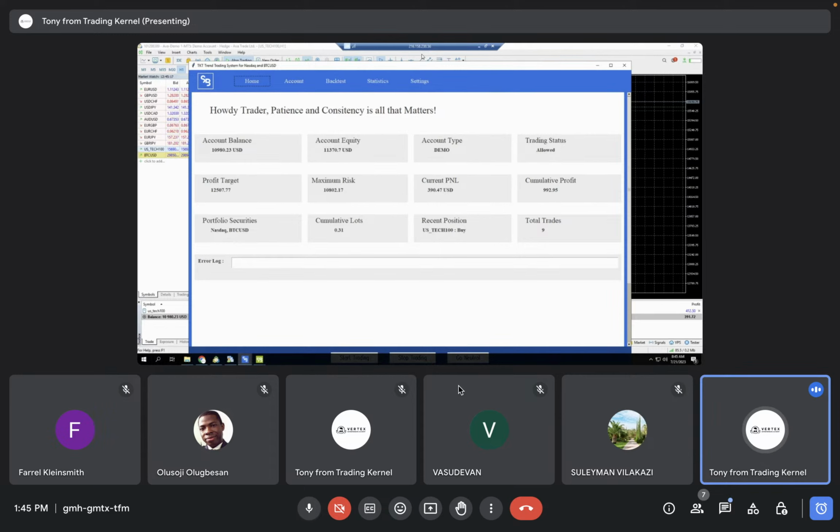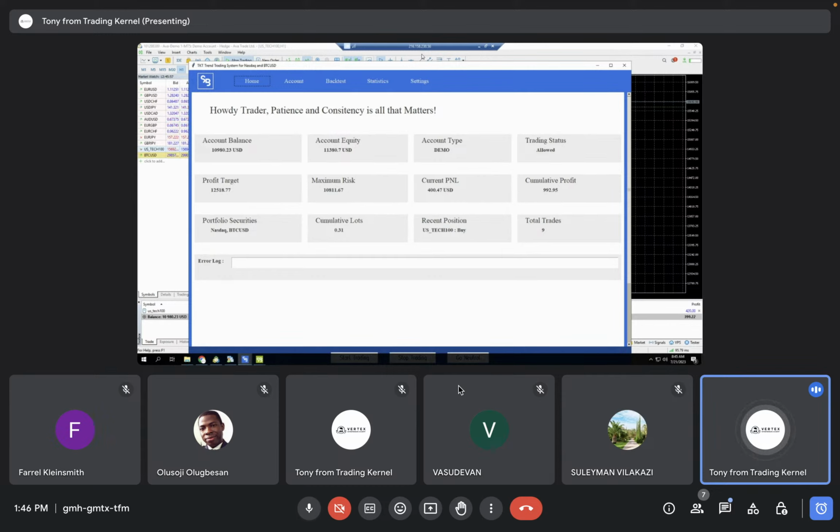For an uptrend, if the fast moving average is higher than the slower moving average and the force index is above 0, it's going to hold a buy position. Where the fast moving average is below the slow moving average and the force index is below 0, it's going to hold a sell position. For any other condition, it's going to hold a neutral position.